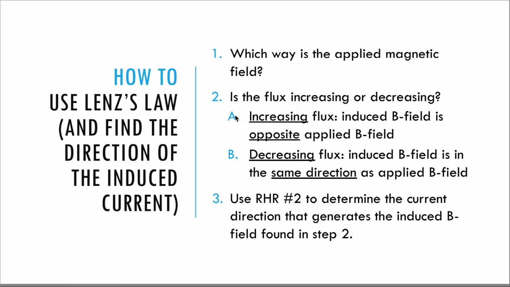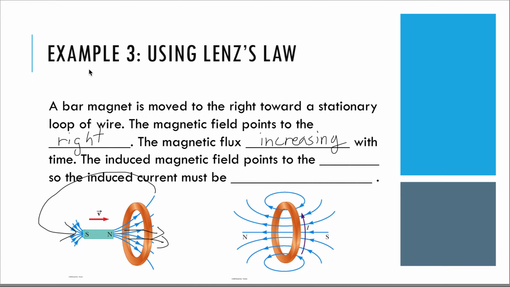So that means that A applies to us. The flux is increasing, so the induced field is going to be opposite of the applied field. So what I like to do is always write down, okay, the original field was to the right, the flux was increasing, so the induced field is going to be in the opposite direction. The induced field points to the left.